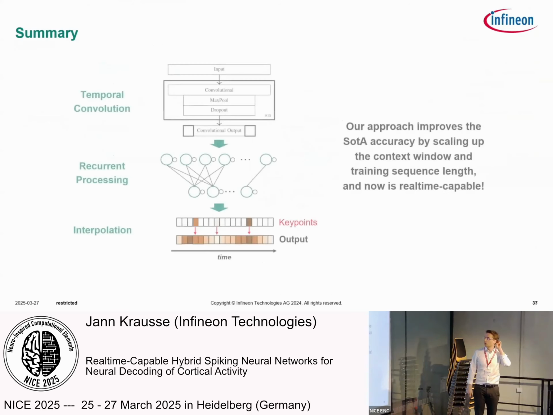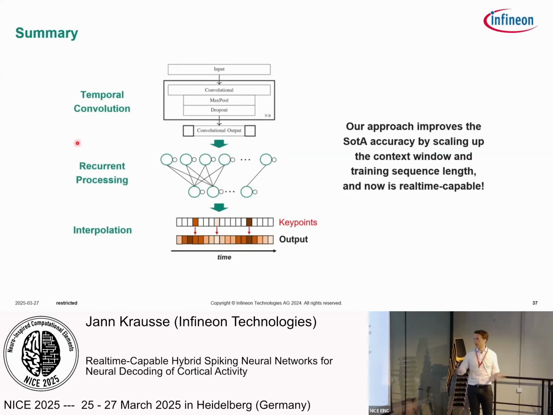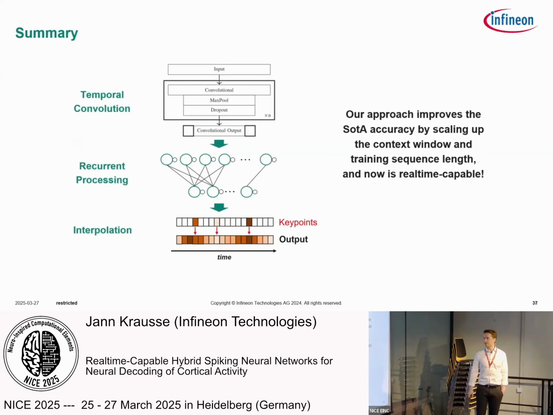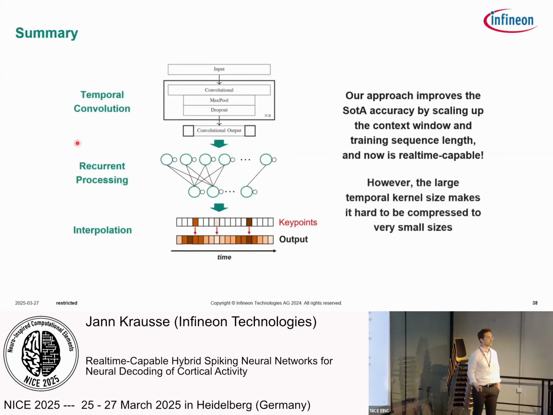Finally, our network was improved by a lot and also improved upon the state-of-the-art accuracy just by scaling up sequence length as well as the kernel size of the temporal convolution. However, having this large kernel size makes it very hard to efficiently compress our models. And yeah, this has to be considered, of course.